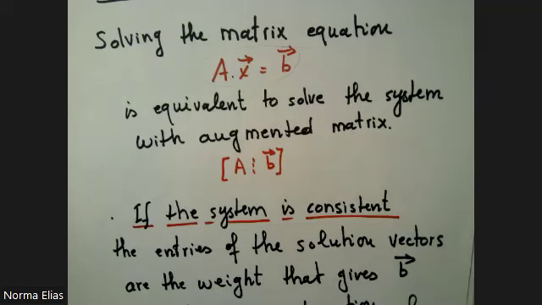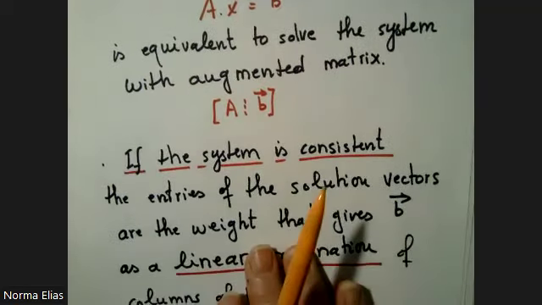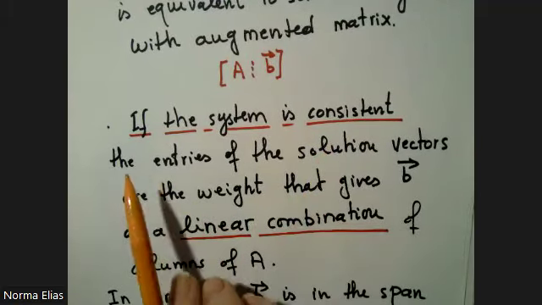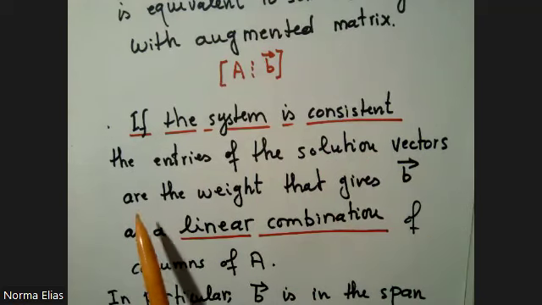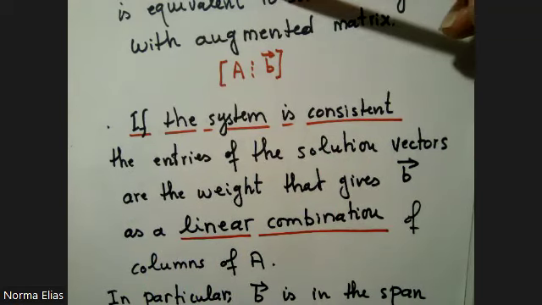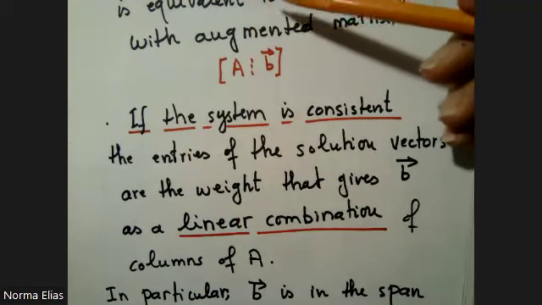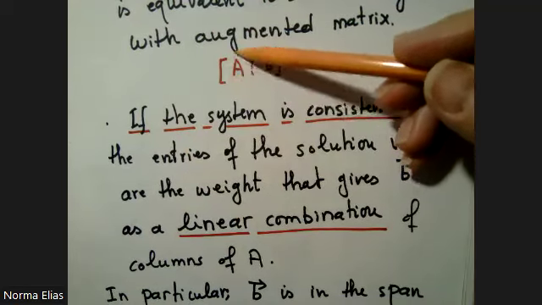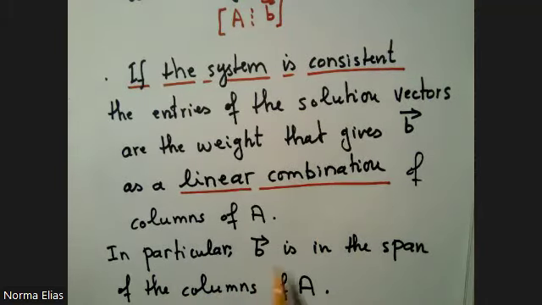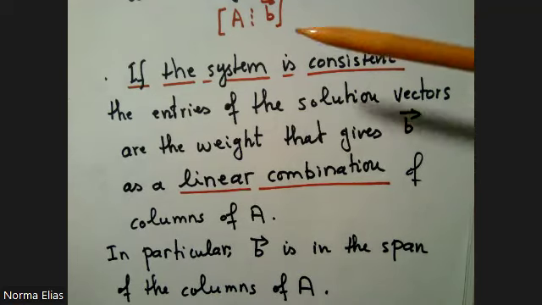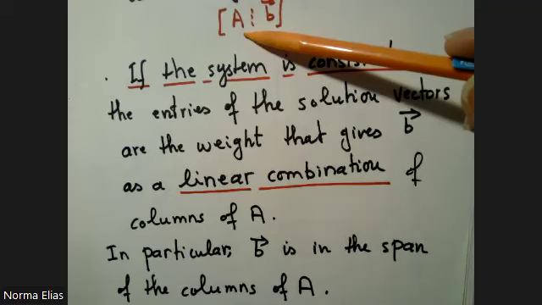Now, if the system is consistent, one interpretation of the solution is that the entries of the solution vector, the one we found a minute ago, are the weights that give B as a linear combination of the columns of A. So when you solve this equation and you get a solution, the entries are the weights that you put on the columns to get the vector B. In particular, the vector B is in the span of the columns of A. So if you solve AX equal to B, you get the weights that give you B as a linear combination.